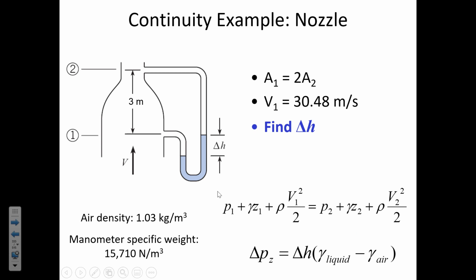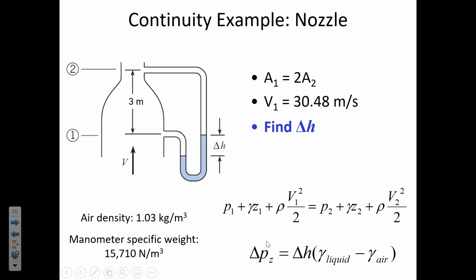And remember that what this manometer is measuring is the change in piezometric pressure. And from time to time, I like to throw in this idea of piezometric pressure because it's easy to forget that P sub Z, the piezometric pressure, is the pressure at a location plus its elevation multiplied by the fluid's unit weight.